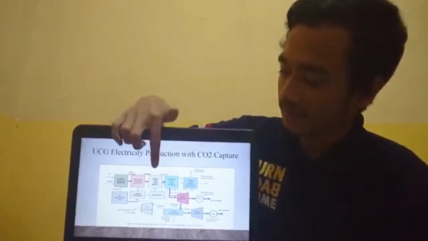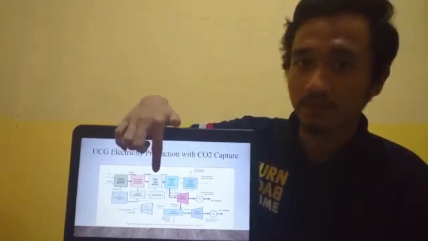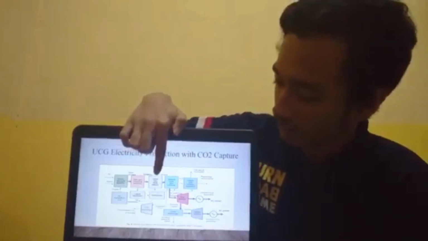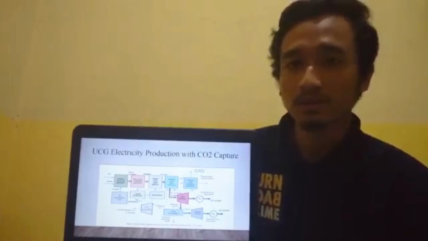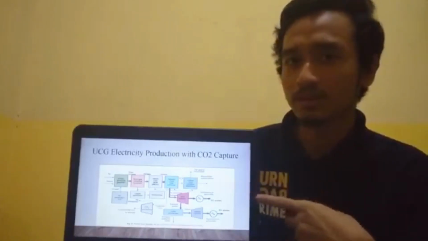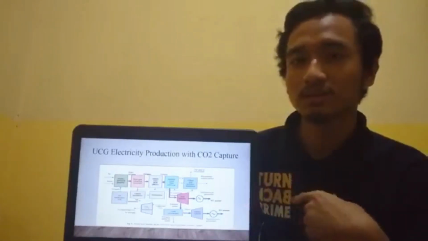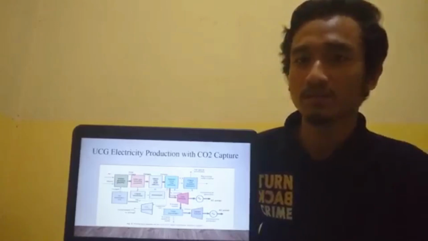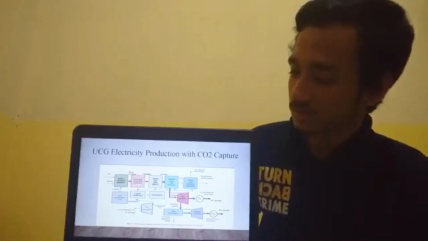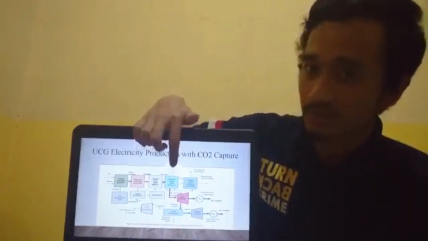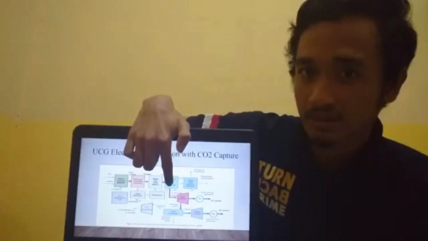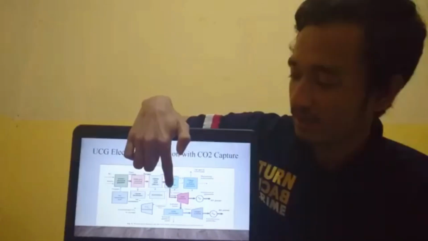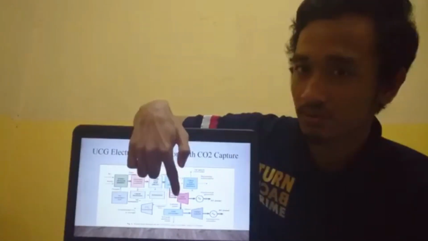After that it goes to acid gas removal by Selexol, which is a brand of acid gas removal. After the acid gas has been removed, the syngas goes to the gas turbine.